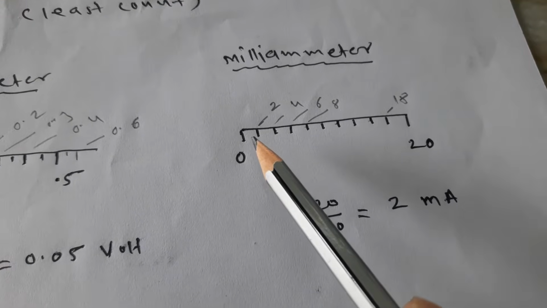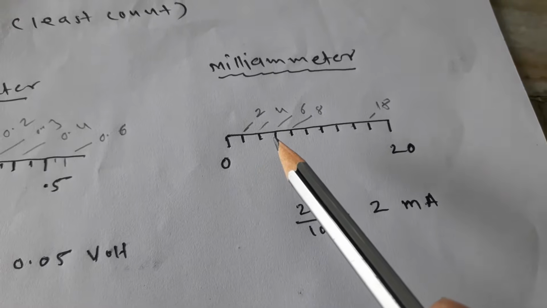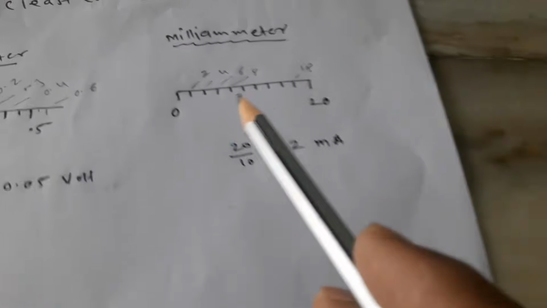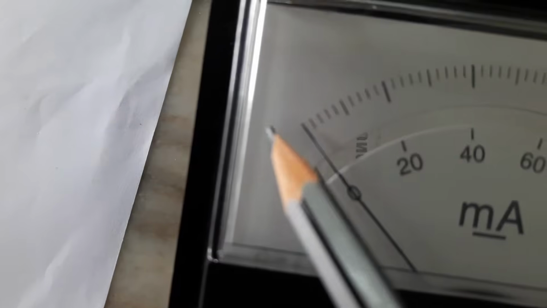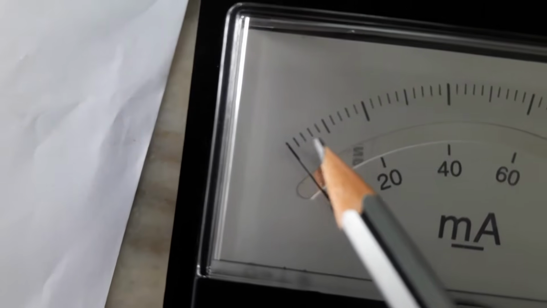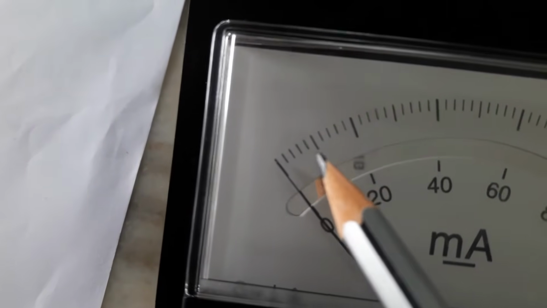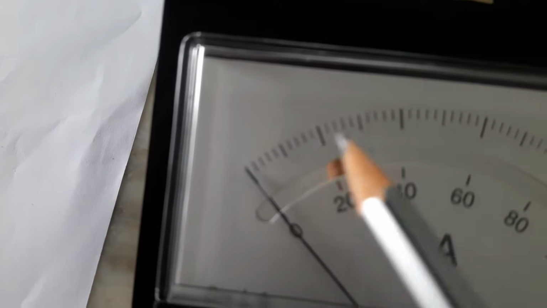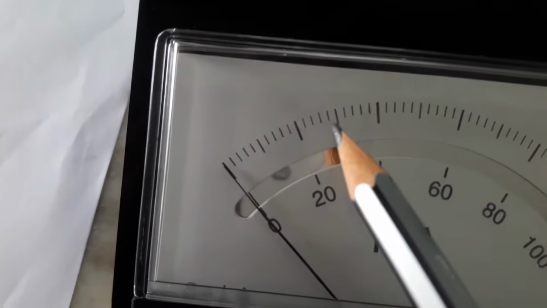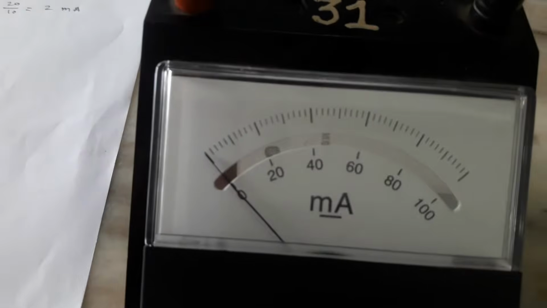That means the first division is 2, then 4, then 6, 8 and so on. This is our 10th, this is 20, this is 40, so this is our 30 and so on.